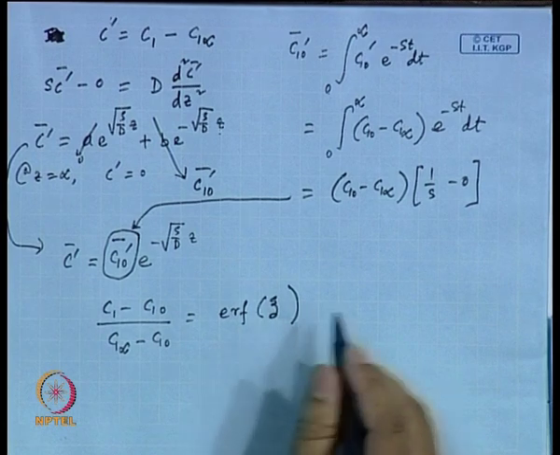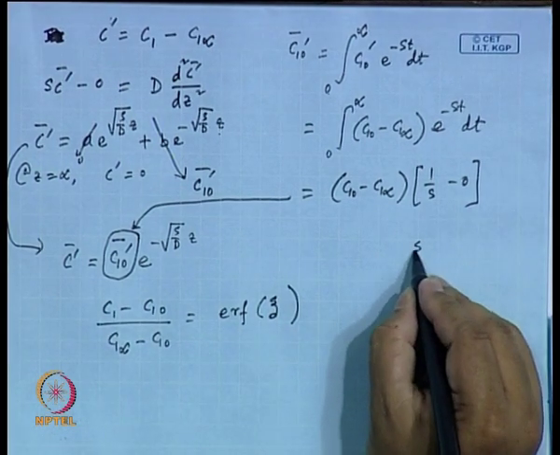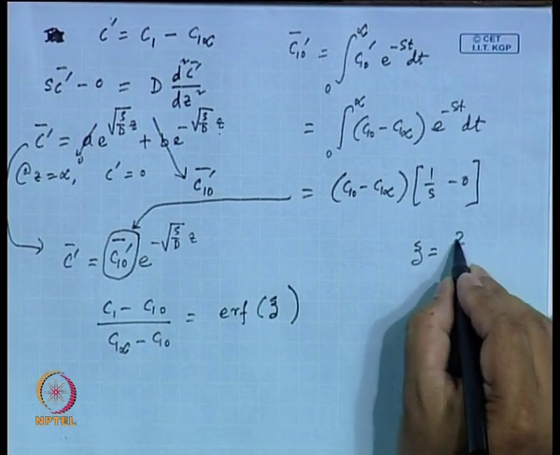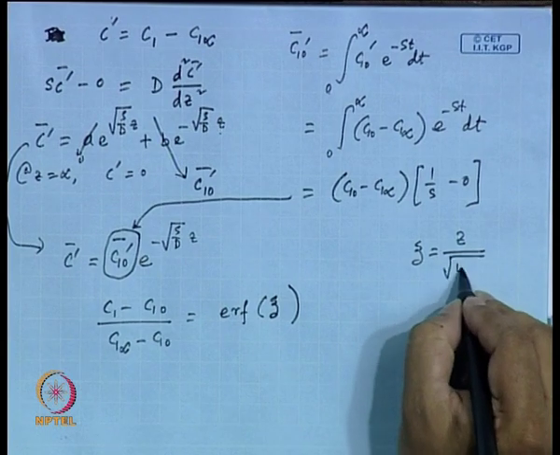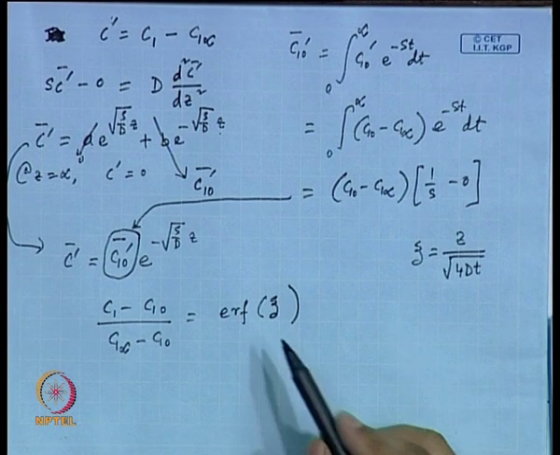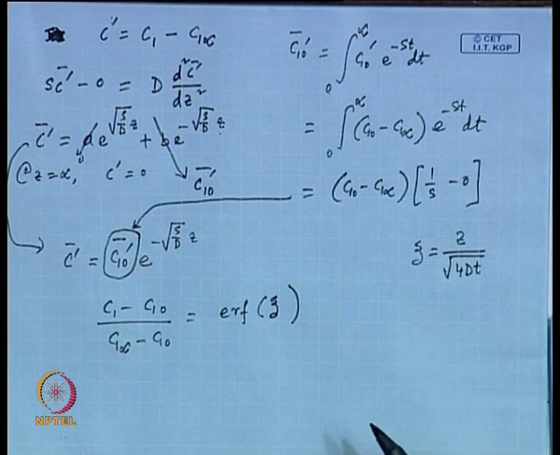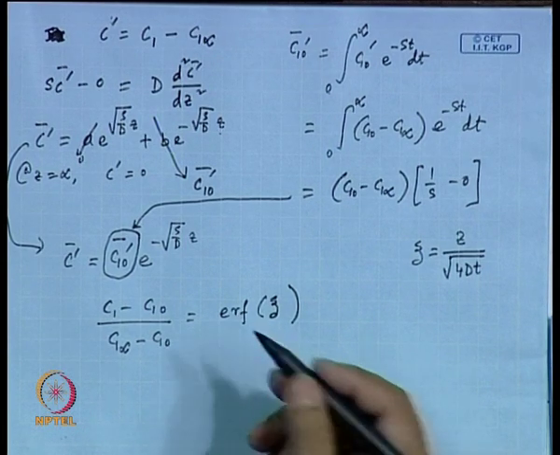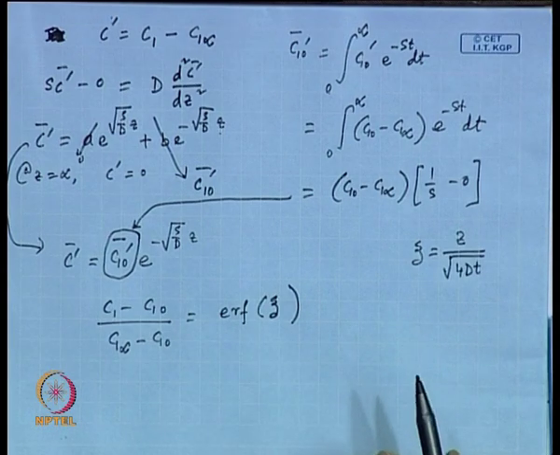And what is zeta? Zeta is equal to z divided by square root of 4 dt. So, this would be equal to error function of zeta. In the Laplace transform table, it is written as error function.